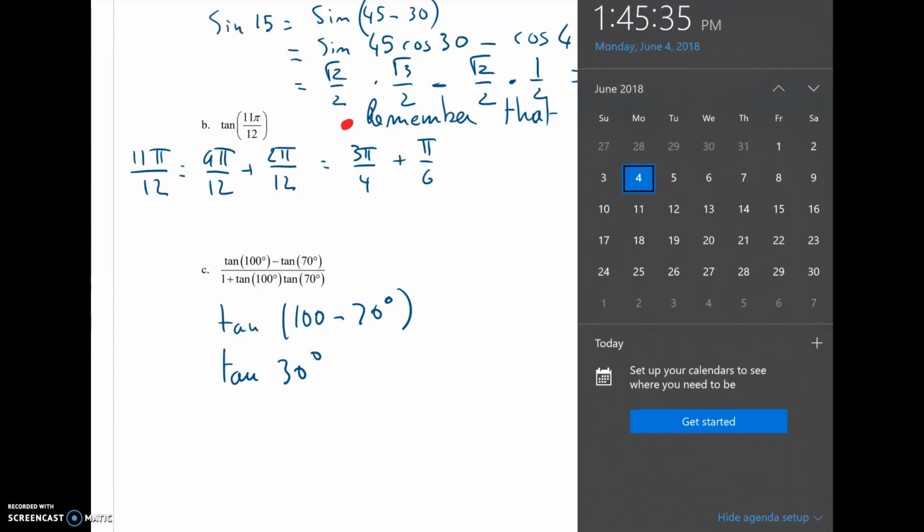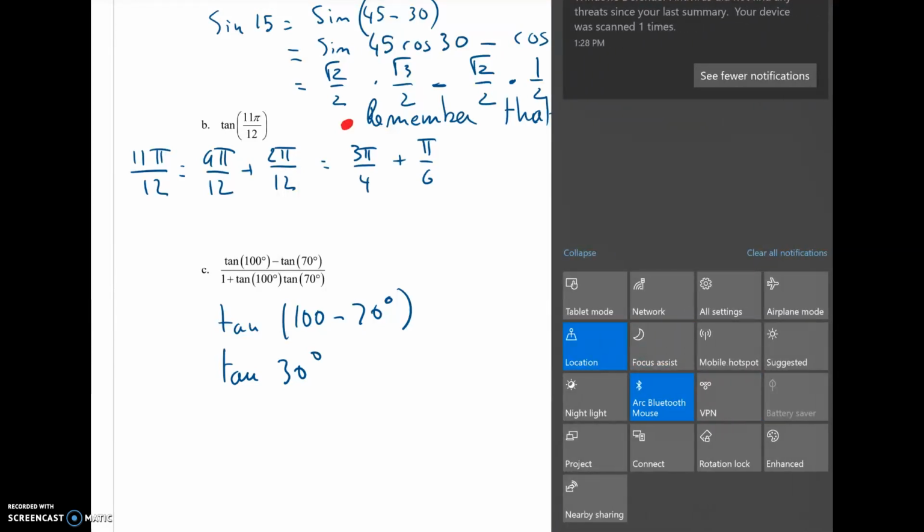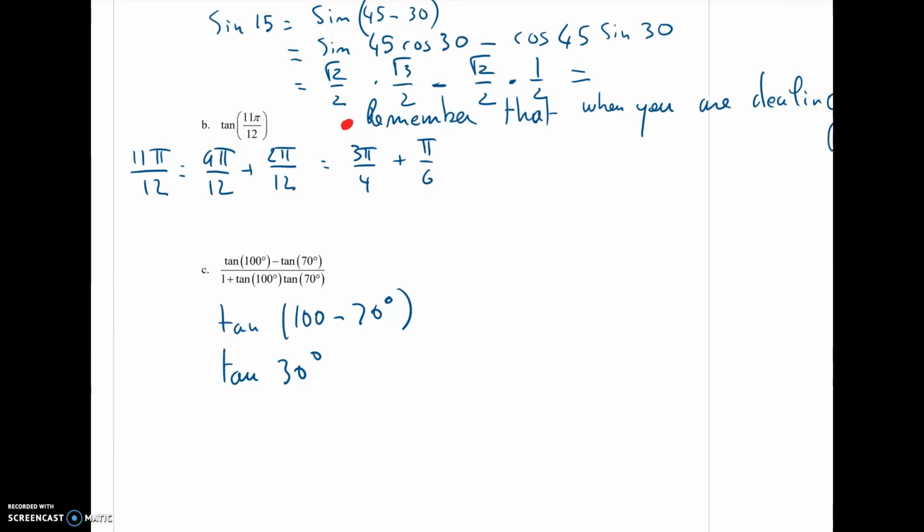And by using your trigonometric circle, we end up with tangent of 30 degrees equal to 1 over square root of 3. If you want to rationalize your denominator, you may want to multiply top and bottom by square root of 3 to get rid of the square root in your denominator, and you end up with square root of 3 divided by 3.